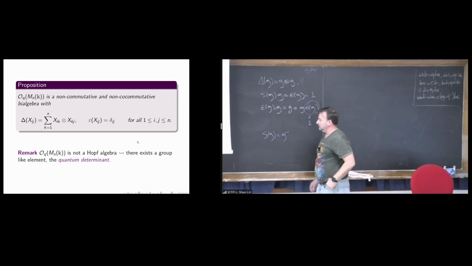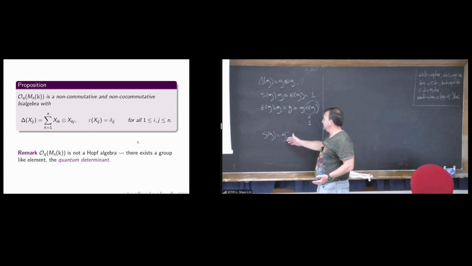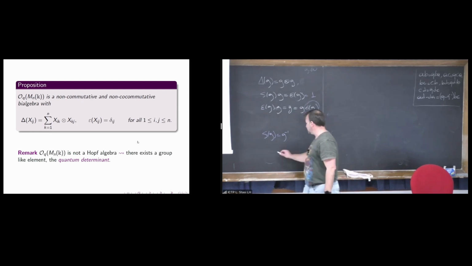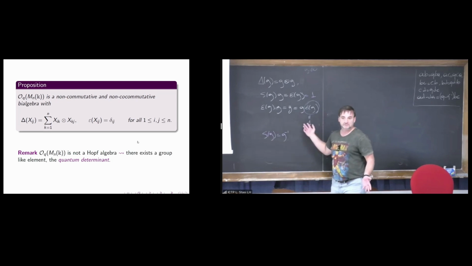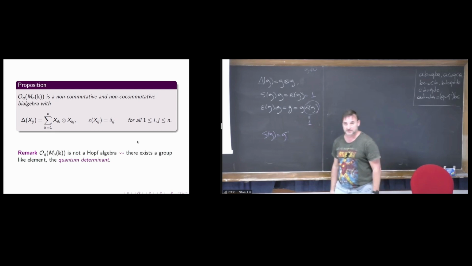But all the elements in our algebra are polynomials, so we have to have inverses of polynomials. But in this algebra, we don't have inverses of polynomials because of the degree. So we have nothing that when we multiply by a polynomial gives 1. So there is no way that this thing is a Hopf algebra.